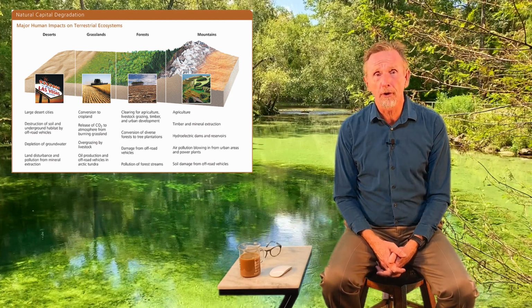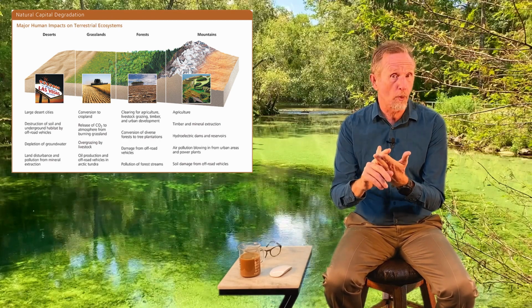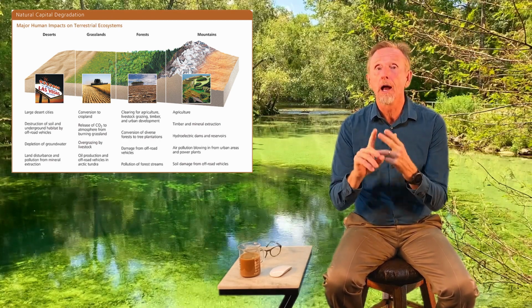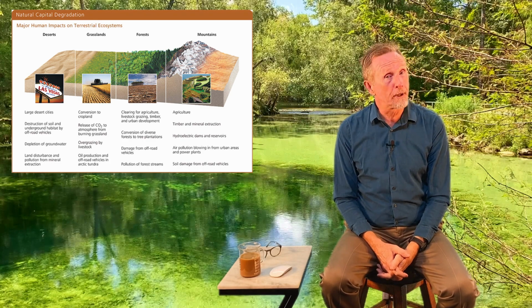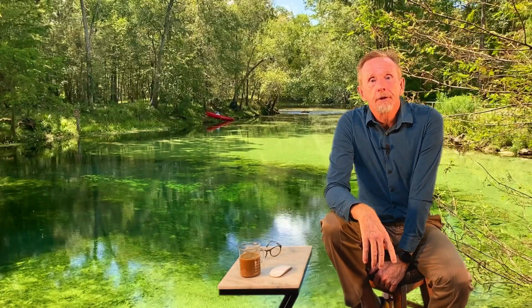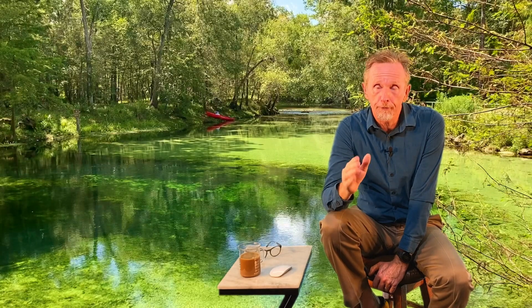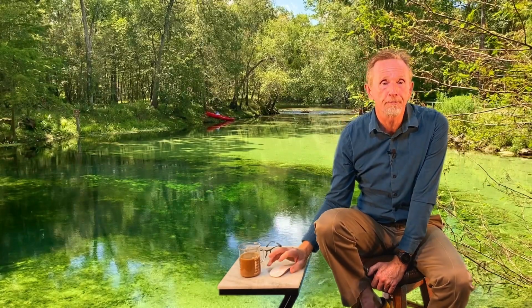We tend to go into our forest for the wood, and then we also take a lot of our water supply, fresh water, from the forest areas. Mountains, we tend to find a lot of minerals, so we do a lot of mining and also water supply from that as well. So these are just some of the ways humans have disrupted and are continuing to disturb our land. And once again, we need some of the services that are there. We just need to find a way to do it that's sustainable for our ongoing future.